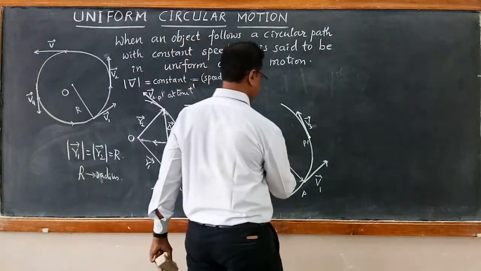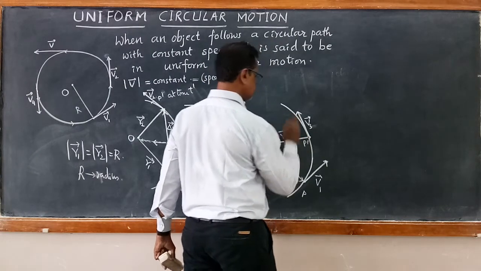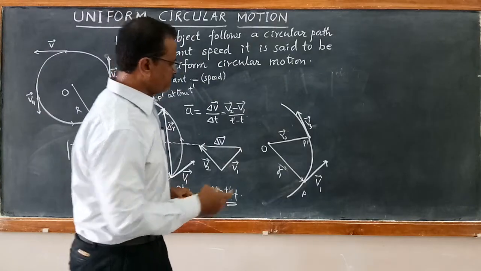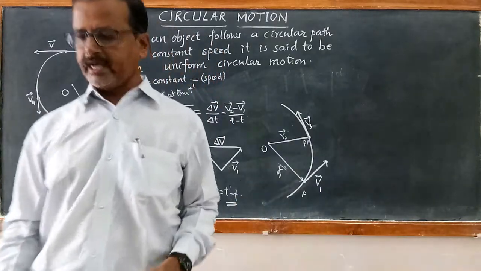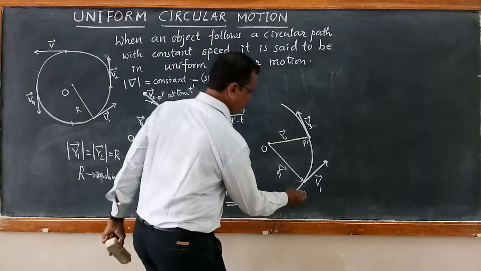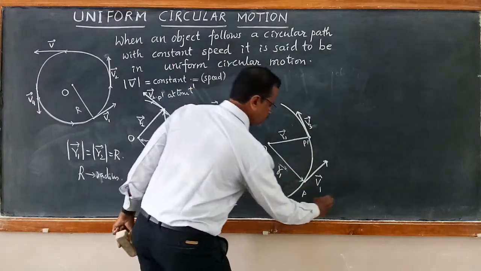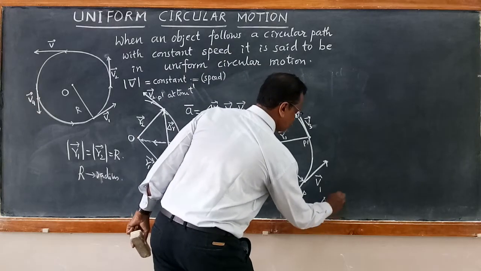And this position vector you can take as r3. We are interested now in changing velocity. So again, draw the diagram for changing velocity. The particle now has moved from P to P dash in the time interval delta t dash.